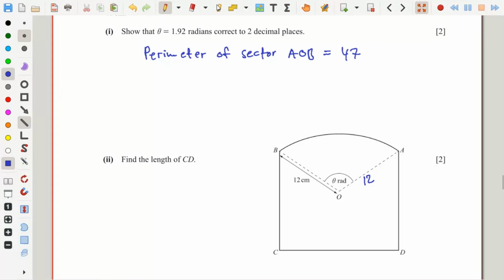So can I join a line here? Right. So now the perimeter is given by twice the radius. Okay, from here, and then I move here.